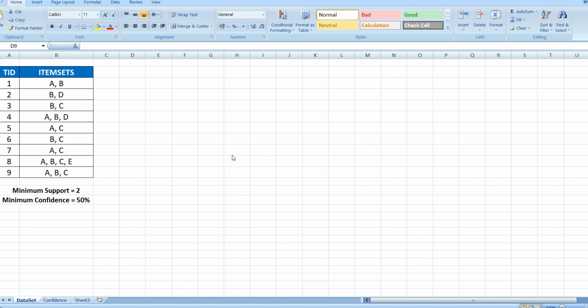Let's see how the a priori algorithm works. Our first step is then to identify unique items that are found in this whole dataset. So let's create our first item set table.